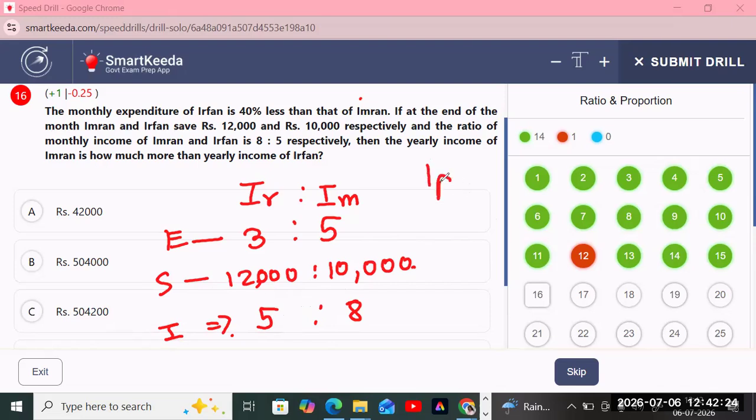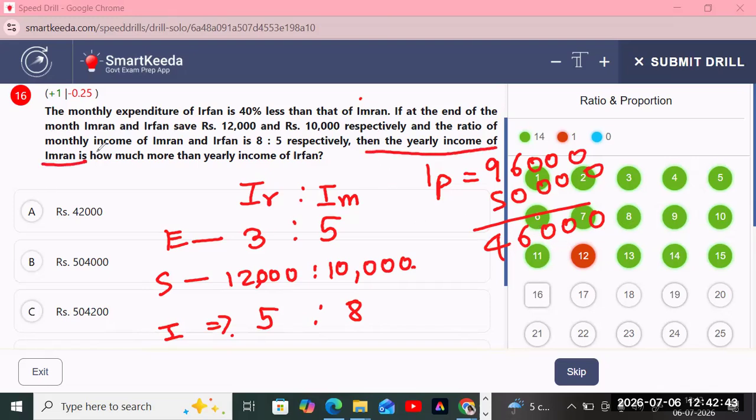Here one part will come, which is equal to 4,673. Then the yearly income of Imran: Imran's monthly income and yearly income, is how much more than the yearly income of Irfan.